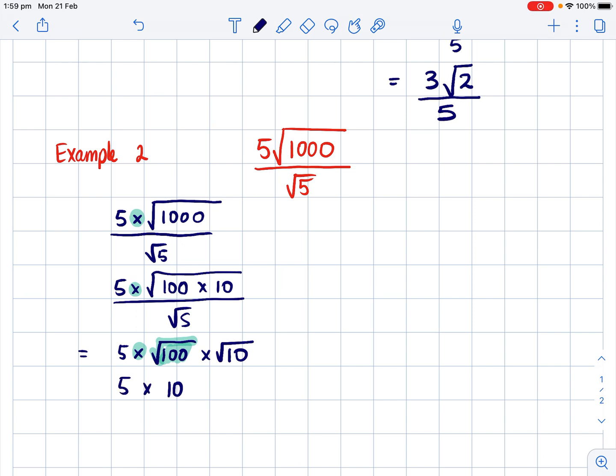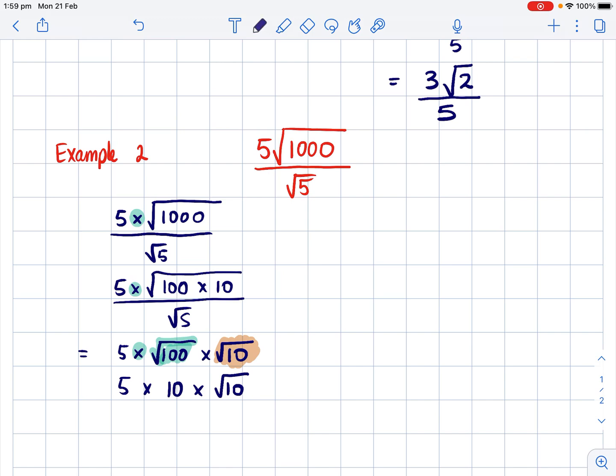I have now 5 times 10 times the square root of 10. And the reason this one stays in the square root sign is because it doesn't have an answer. This is my surd. This is the one that can't be equated to a whole number.